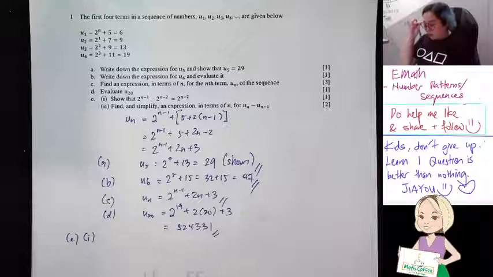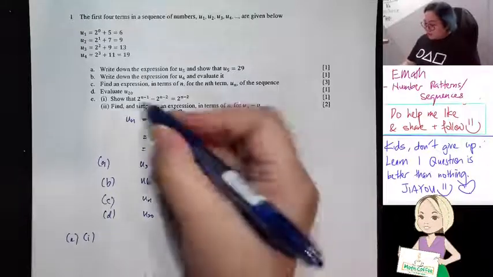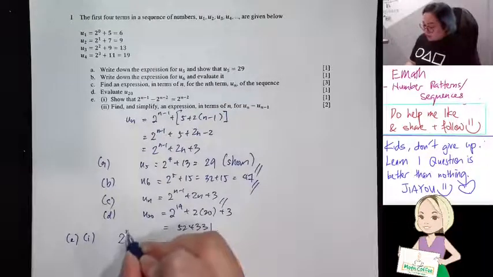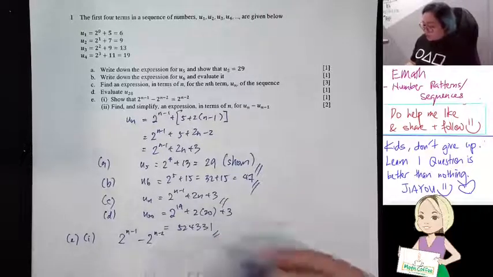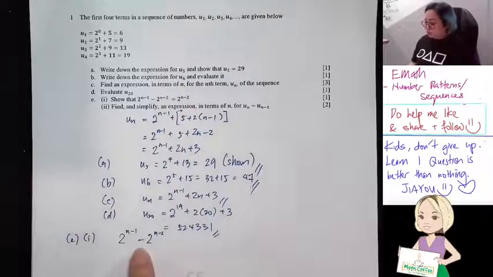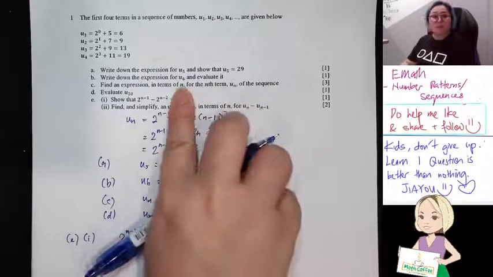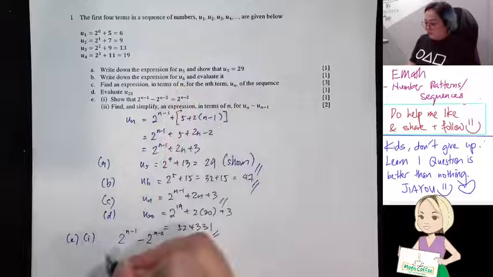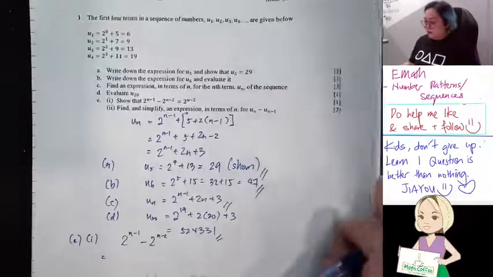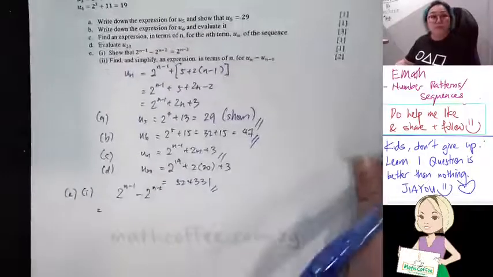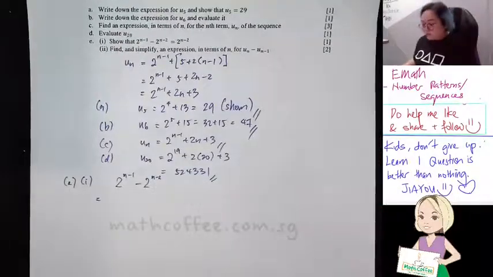They say show that 2^(n-1) minus 2^(n-2) is equal to this. If they ask you to prove this equals to this, you don't write both sides. You only write the left hand side first. Then you massage your left hand side and make sure that it becomes the right hand side. So let's see what we can do.